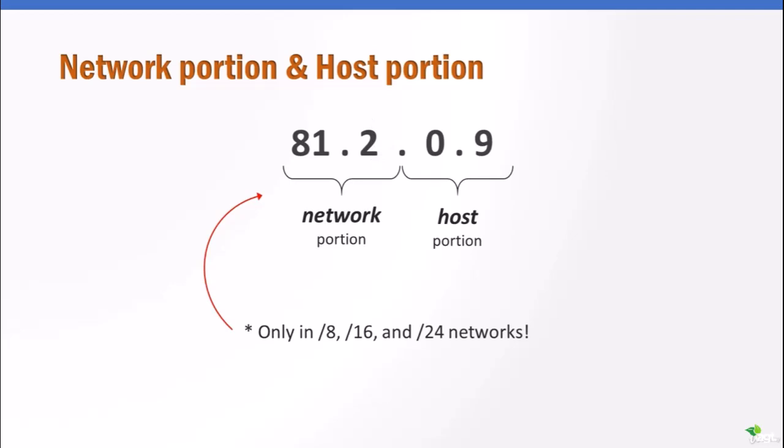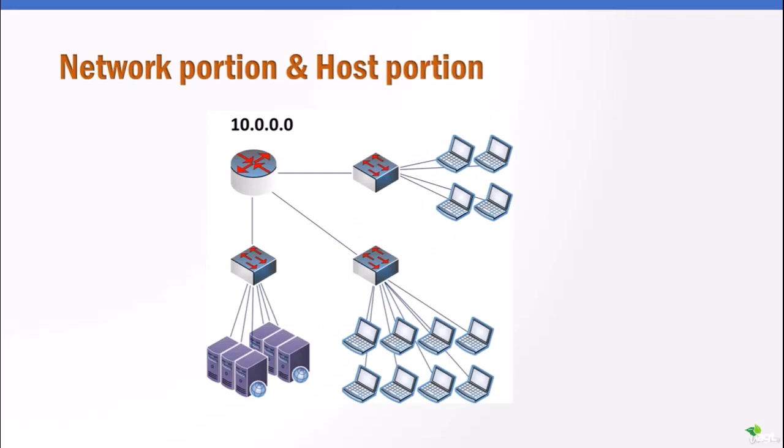Okay, now let's talk about the reason to split an IP address into 2 parts. Here we have a small network, 1 router and 3 switches. For the purposes of this example, this server farm or a small data center really is just a small network where we have 6 devices that each require 1 IP address at minimum.